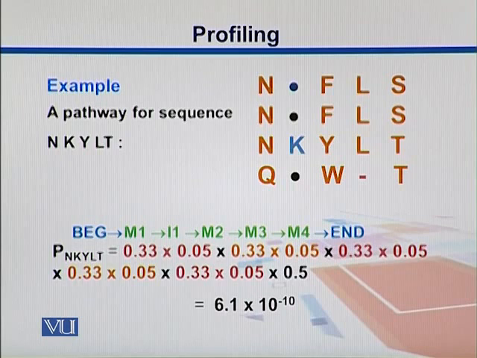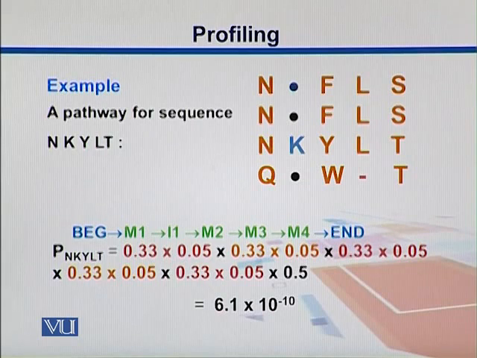And then you can have an insert state where you can have a probability of seeing an amino acid K. Within that insert state, again from the beginning, you can see any one of those symbols. It can be any amino acid out of the 20.